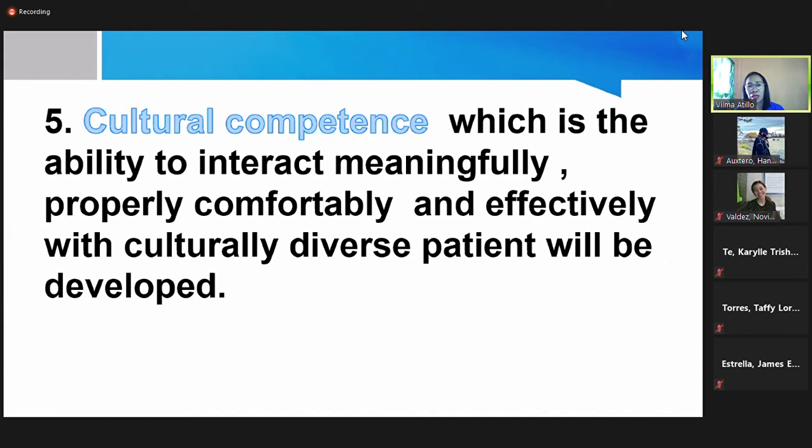So meron din tayong mga good for San Pedro Hospital because we have Thai doctors, we have Japanese doctors, we have also Korean doctors that will help to explain with all of these procedures that we are going to give to our clients. So hindi masyadong difficult for us. Pero we have to respect whatever is the culture that they are adhering to.